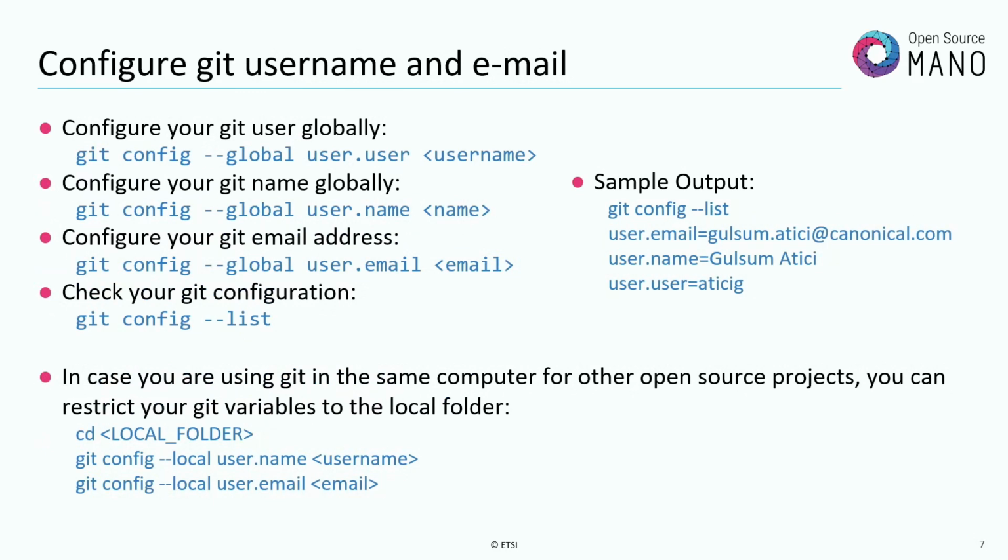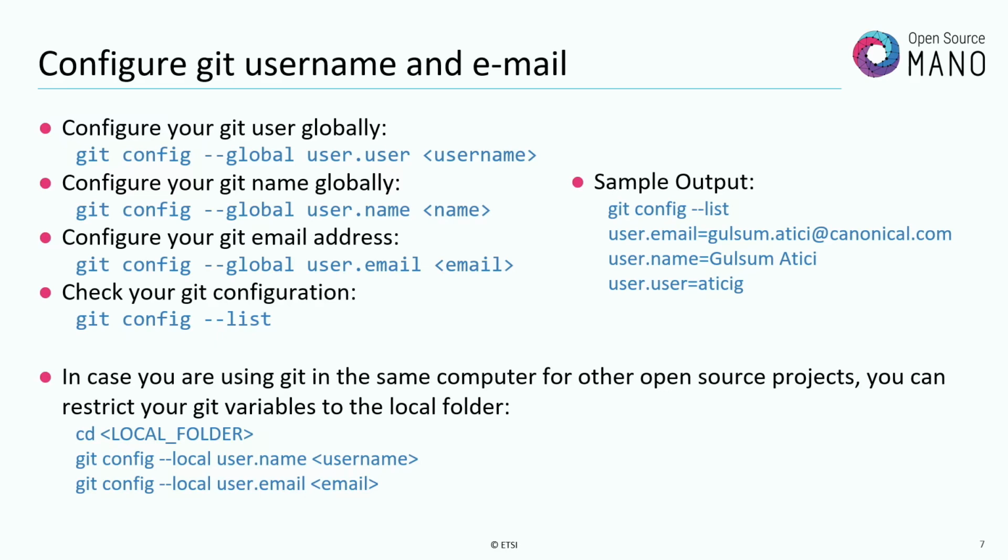How to configure your Git? You can configure your Git username and the email. There are just 3 simple lines in here. You can configure them globally, or you can restrict them. You can just use --local to restrict them to the directory that you are using.